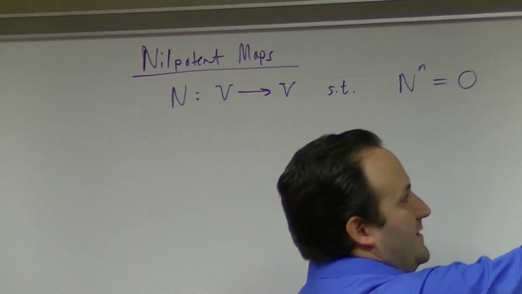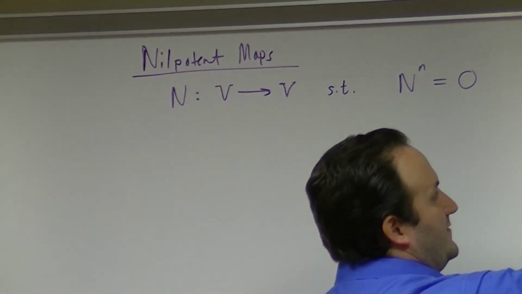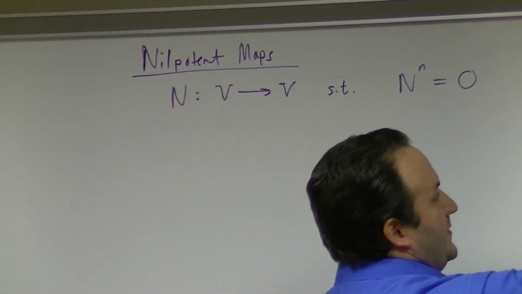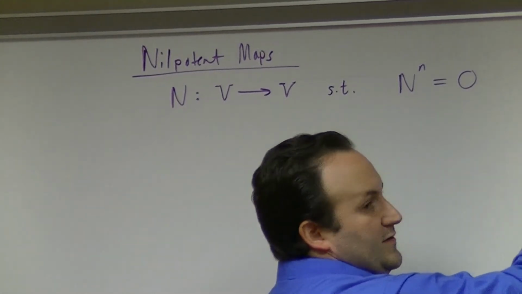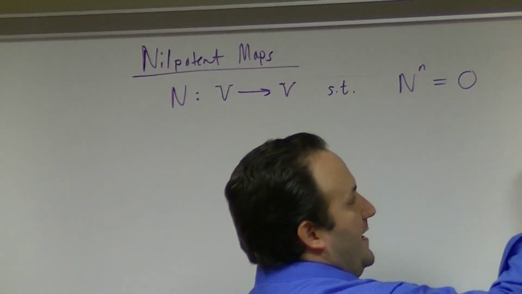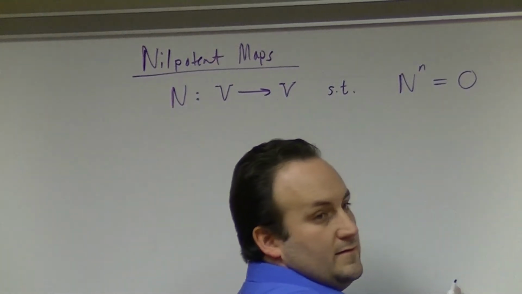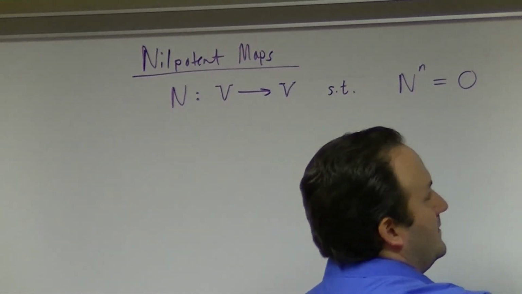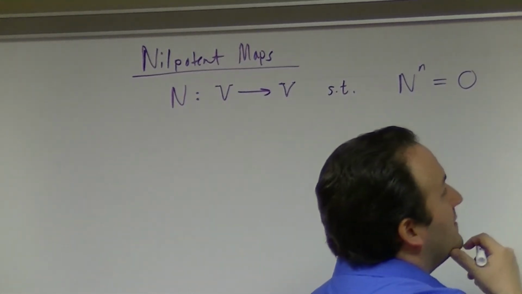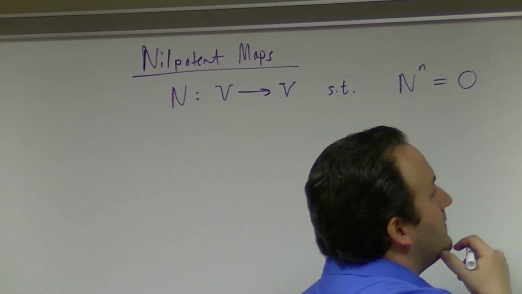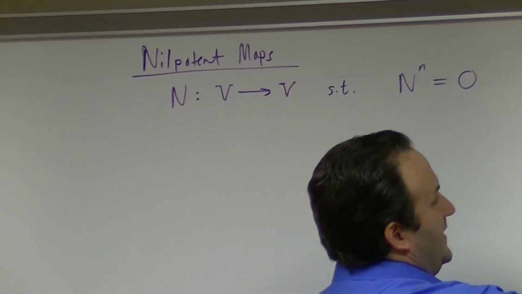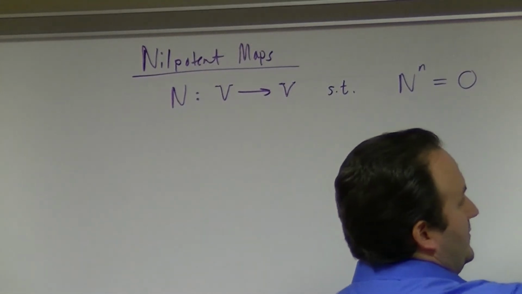I don't care what the rest is. Let's call it p2 of t, everything else in the characteristic polynomial. So if you plug in N, this gives you N times p2 of N, which is equal to 0.